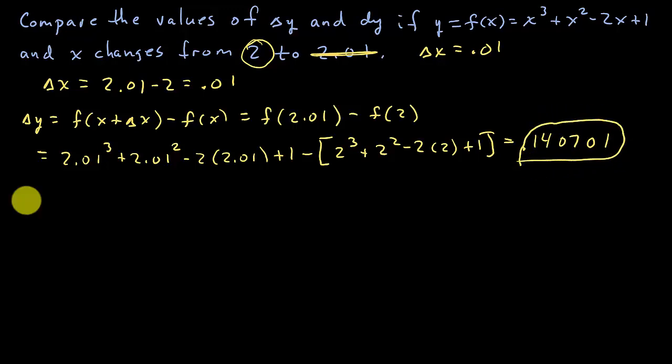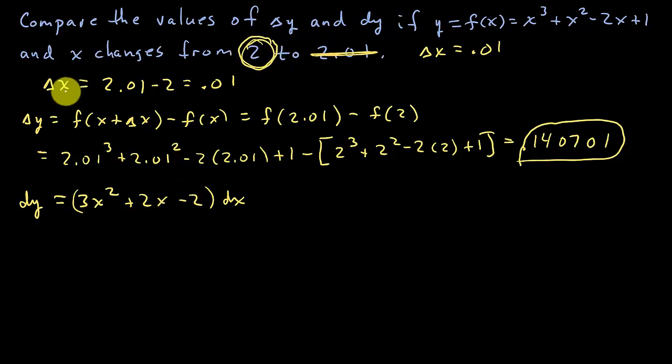Now let's find dy. I'm going to take the derivative of this function. That's 3x squared plus 2x minus 2, and that's times dx. Now I need to evaluate this. Remember, x is 2, and dx, which is equal to delta x, is 0.01.